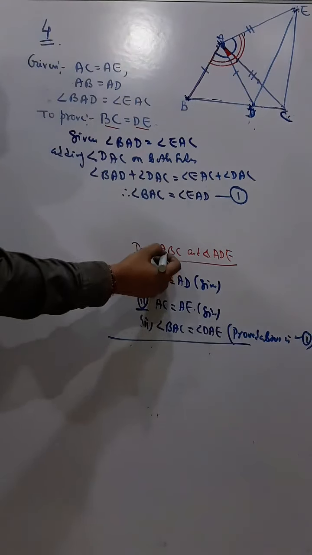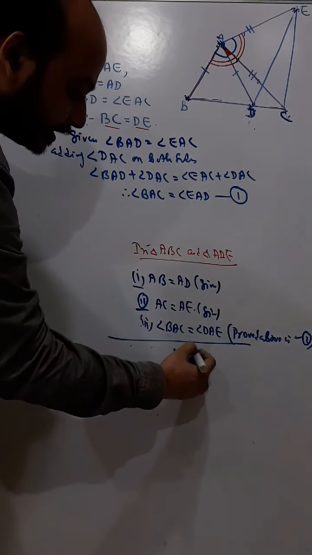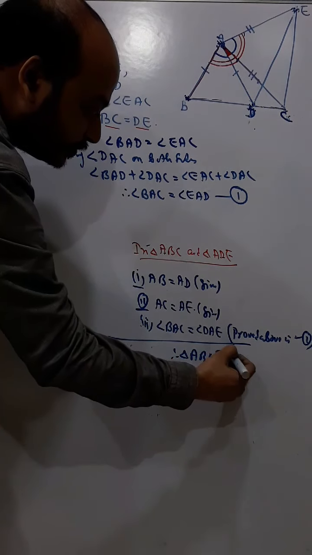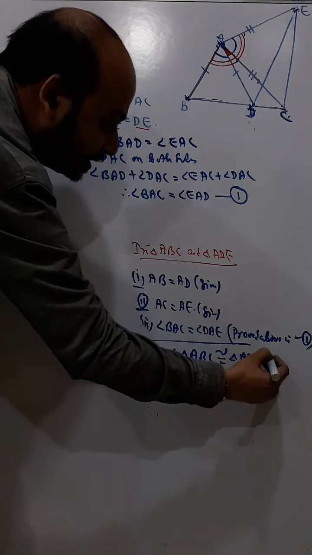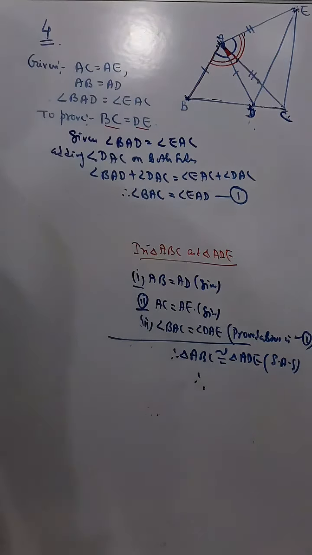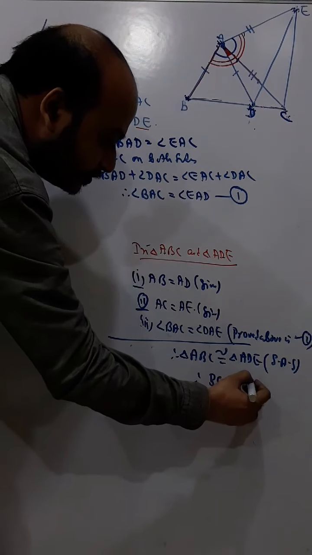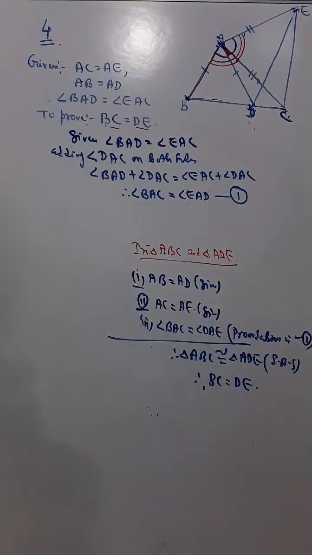And now I can say these two triangles are congruent. So therefore triangle ABC is congruent to triangle ADE, and the criteria is side, angle, side, and finally we can say BC equals DE, and hence proved.